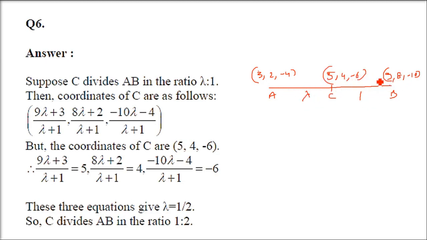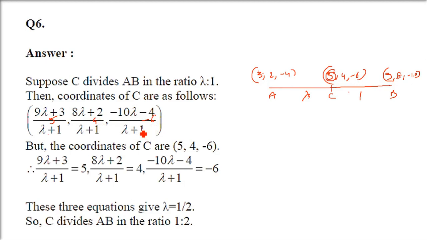So how to find it out? (9 into lambda plus 3 into 1) divided by (lambda plus 1) is x. (8 into lambda plus 2 into 1) divided by (lambda plus 1) is the y point. And (-10 into lambda plus -4 into 1) divided by (lambda plus 1) is the third point. Now just equate this with (5, 4, -6). Every time you will get lambda is half.